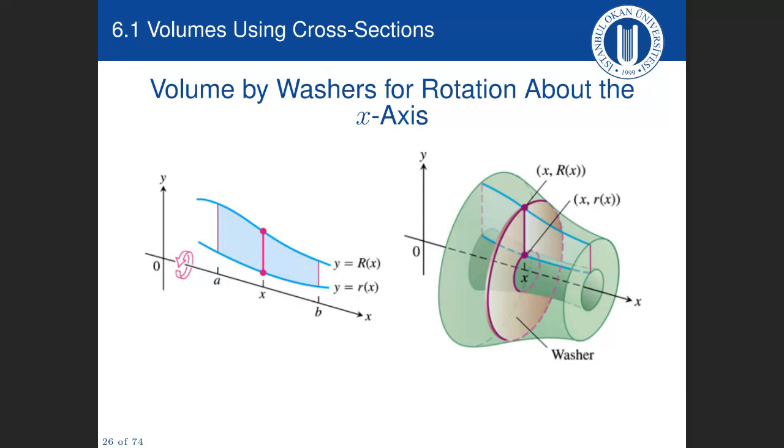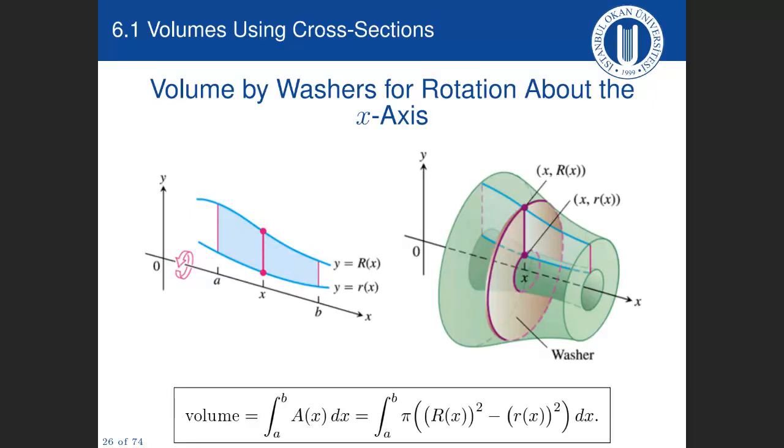So the volume of the object on the right is going to be the integral from a to b of A(x) dx, or in terms of the area of a washer, the integral from a to b of pi, and then open bracket, capital R squared minus small r squared. To answer questions like this, we need to find the limits of integration, we need to find the outer radius capital R, and we need to find the inner radius small r.